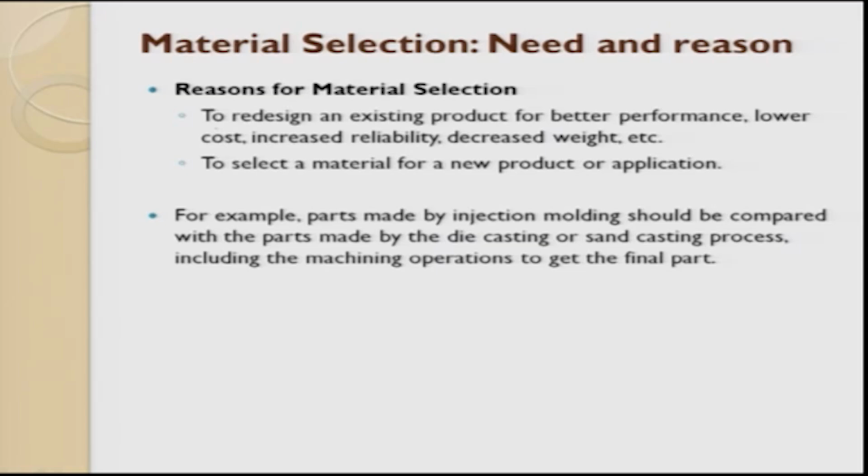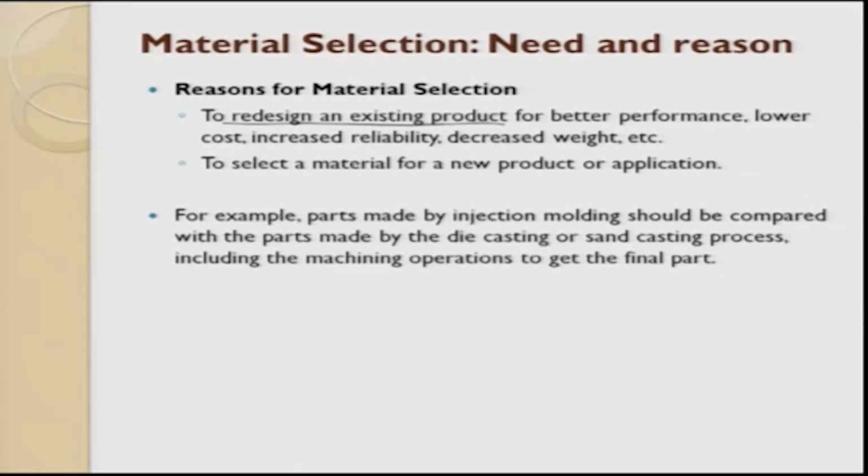So today the designer is told, please give a small window so that we can try to redesign or redefine the product so that it can meet customers, or be made to meet a set of customers. To redesign an existing product for better performance, lower costs, increased reliability and decreased weight, etc. are some of the reasons which push for material selection.